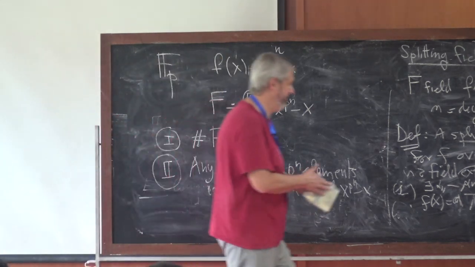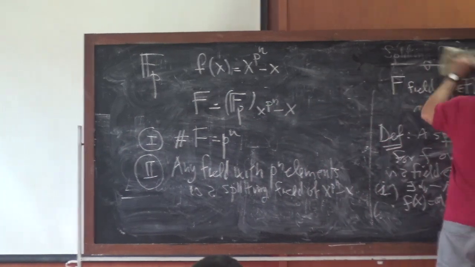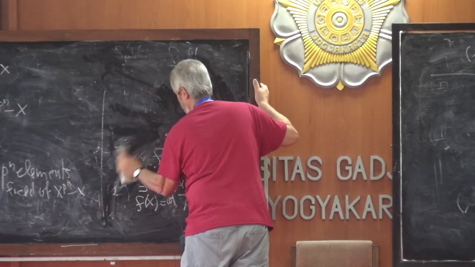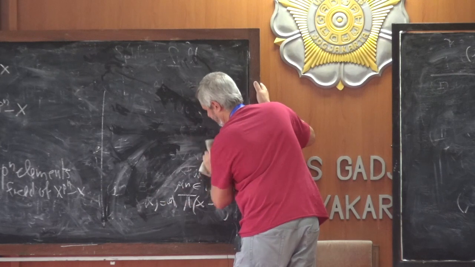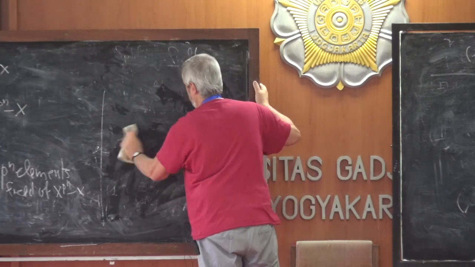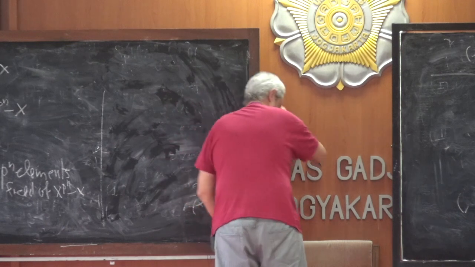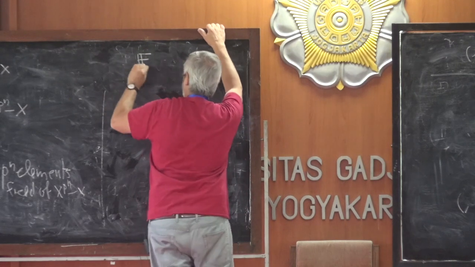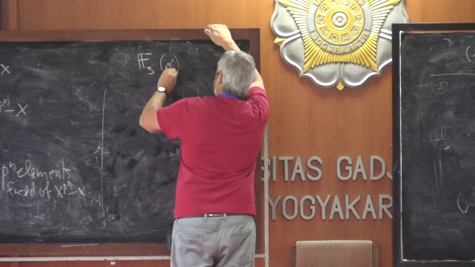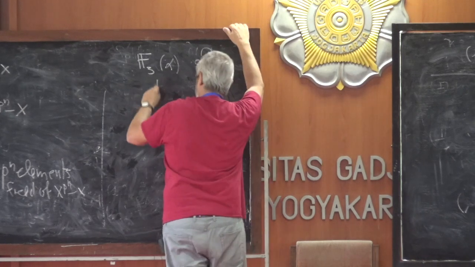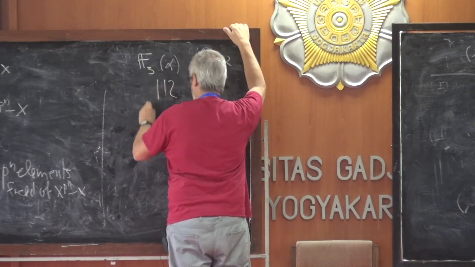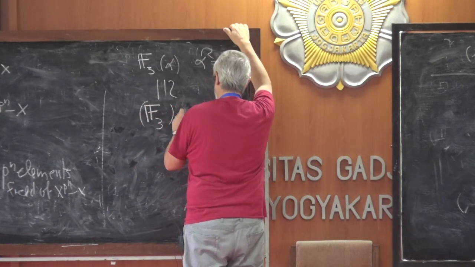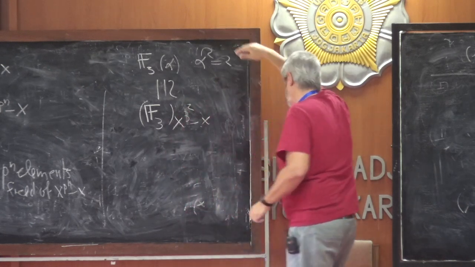So, for example, if we take our two fields, our two companions, okay, I'm going to finish this tomorrow, but I just want to mention this: if we take F3 of alpha, where alpha squared is 2, well, if you believe 2, this is isomorphic to a splitting field of x to the 3 squared minus x, right?